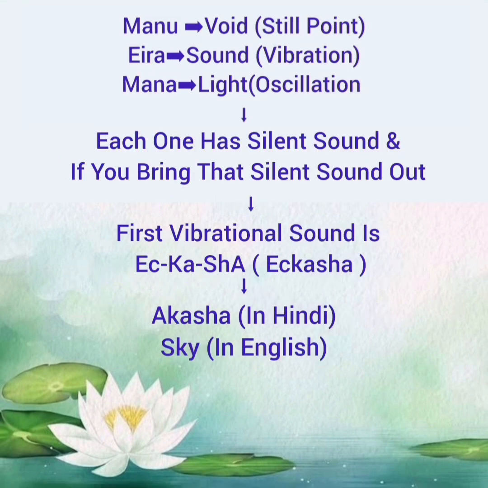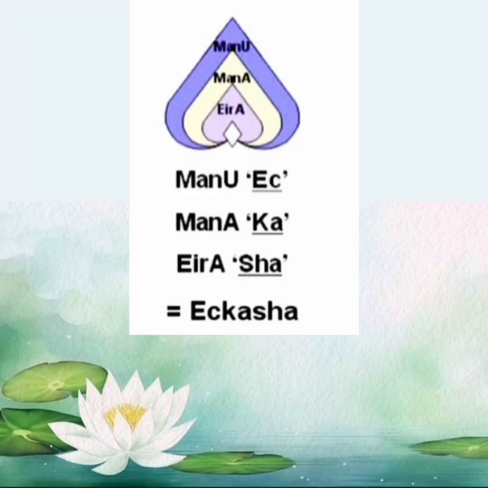Each one has a silent sound, and if you bring that silent sound out, the first vibration sound is e ka sha, which we call Akasha, the sky. The e is Manu, the ka is Mana, and the sha is Ira.